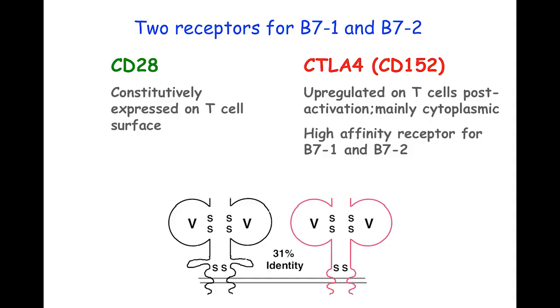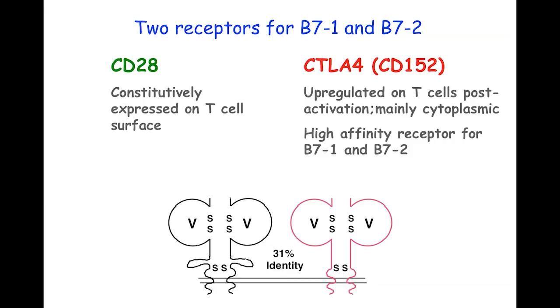These molecules interact with two receptors, CD28 and CTLA-4. CD28 is constitutively expressed on all mouse T cells, on 95% of human CD4 cells, and about half of human CD8 cells. CTLA-4, in contrast, is upregulated on T cells upon their activation.